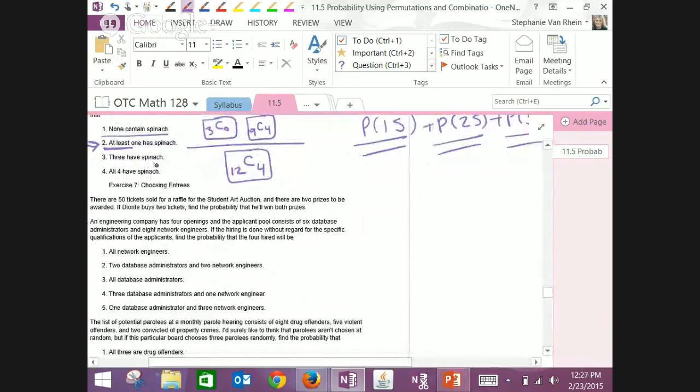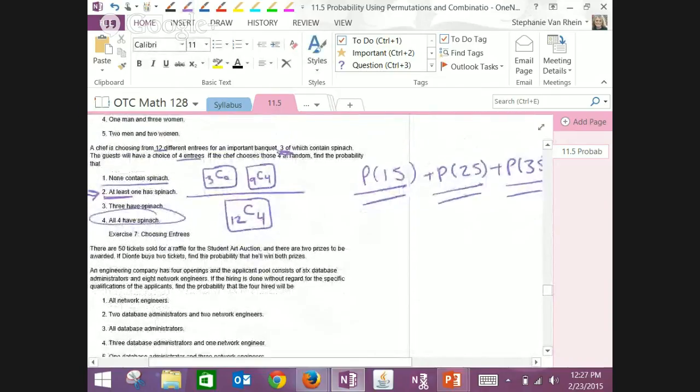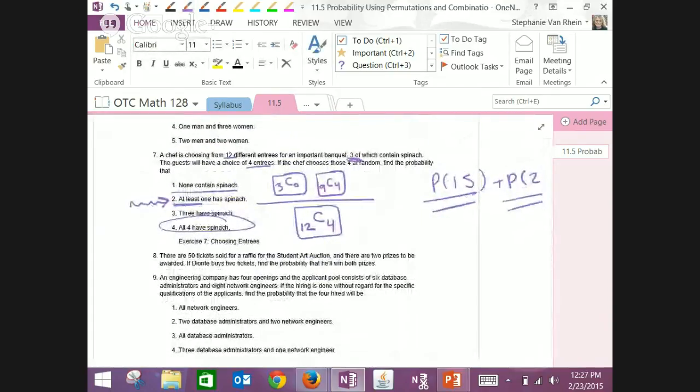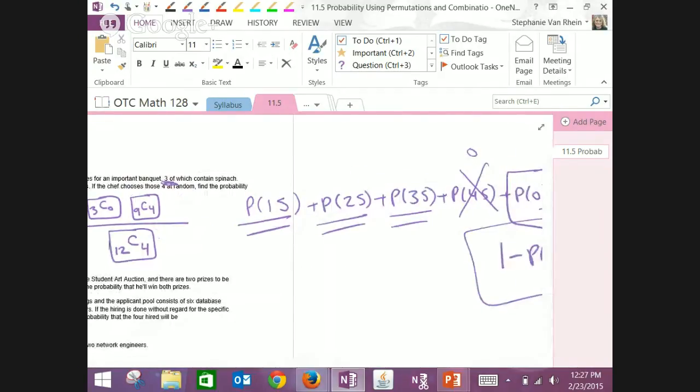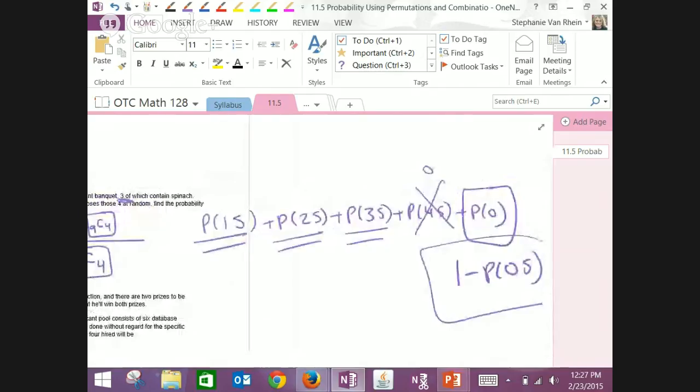All 4 have spinach. What's the probability all 4 have spinach? 0, right? You can plug 3 choose 4 into your calculator and it should tell you 0. You cannot pick 4 objects from 3. If there were more dishes with spinach, we could have more outcomes.